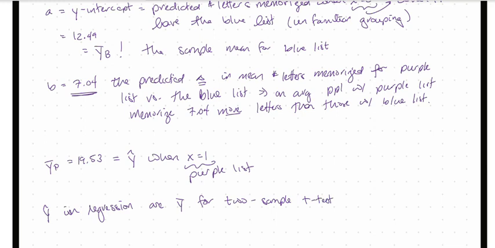So if the only explanatory variable in our regression is a categorical explanatory variable, the y hats are the same thing as the y bars. We get the group means that we would have had by looking at our sample means.